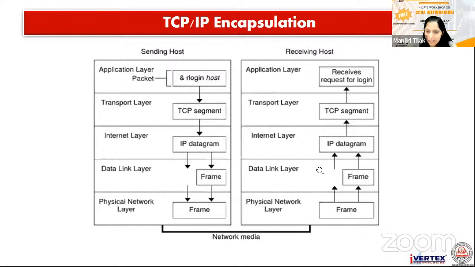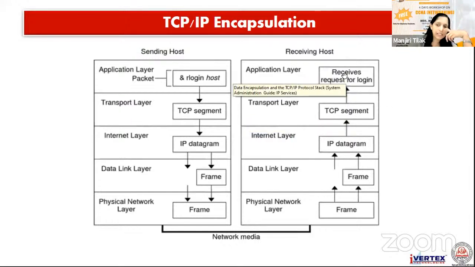But at the receiving end, bits will be received. From the bits, a frame will be created. Then the header will be removed. Means data is decapsulated. So from the frame, an IP datagram will be created. Then the network header will be removed. Then the TCP segment will be there. Then the TCP header will be removed.